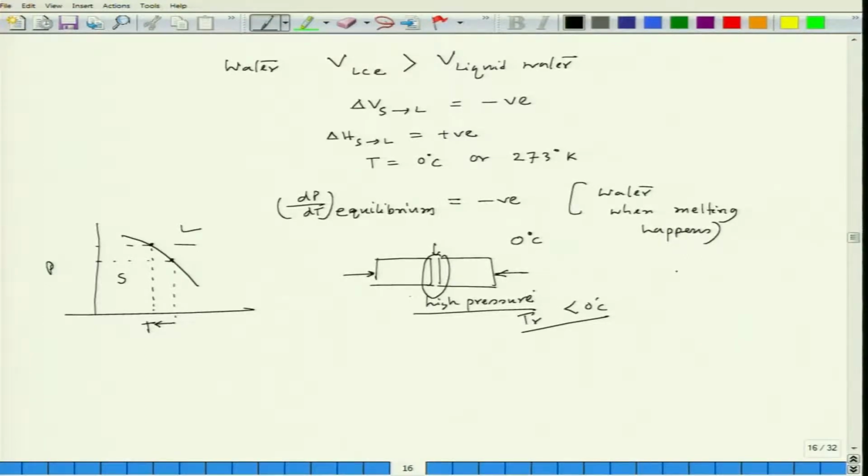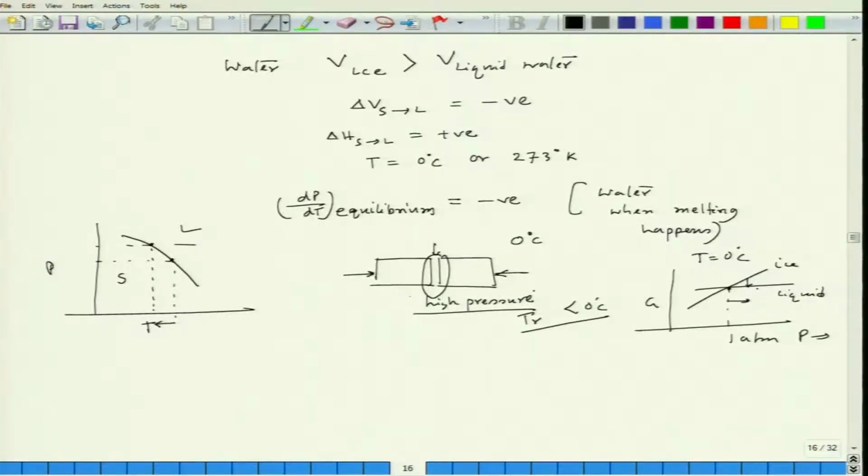Since we have already seen that at 1 atmosphere pressure, this is G, this is pressure and temperature, if it is 0 degree Celsius and we increase the pressure, ice melts.